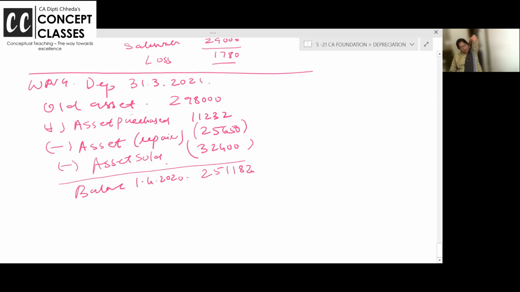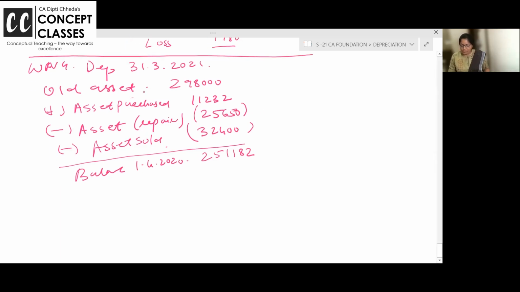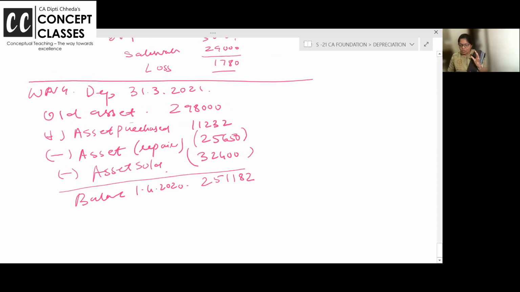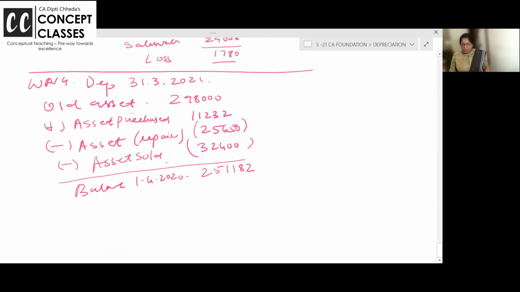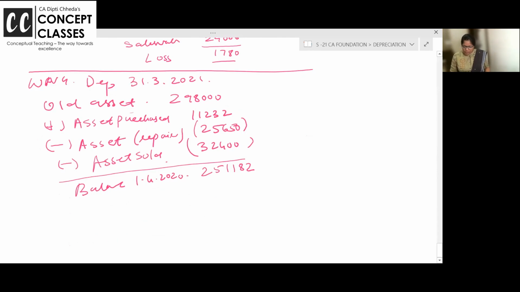Clear to all of you? Old asset, asset purchased, take out the repairs which were wrongly capitalized. Asset sold: don't take any other value, take the value as on 1st April because 6 months depreciation was charged anyhow. So this is the value of the old asset.